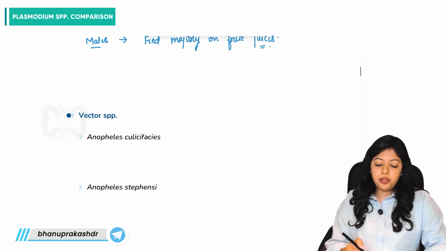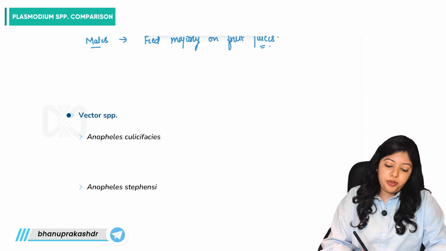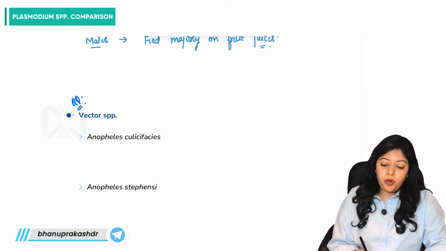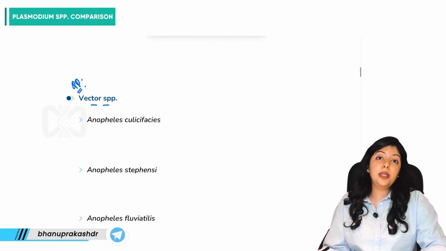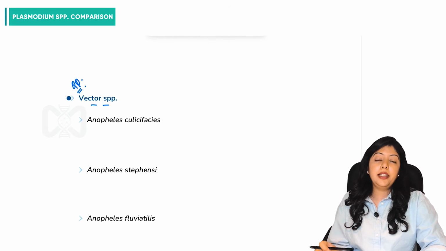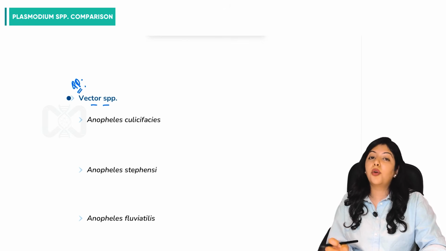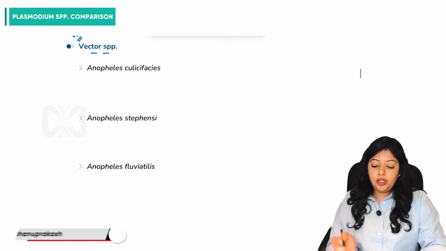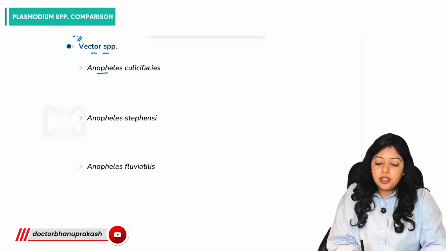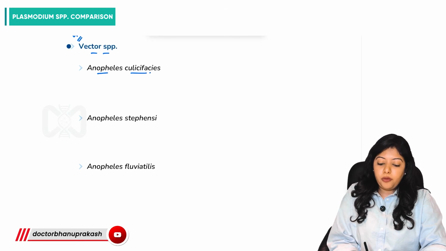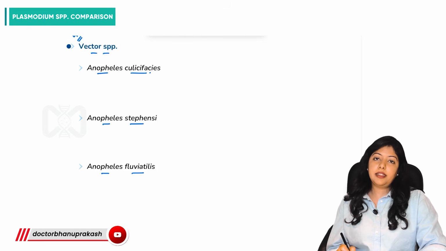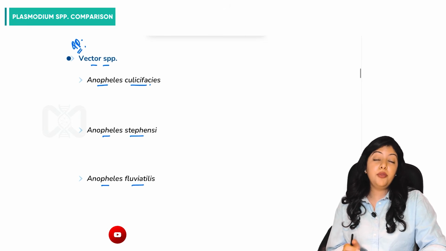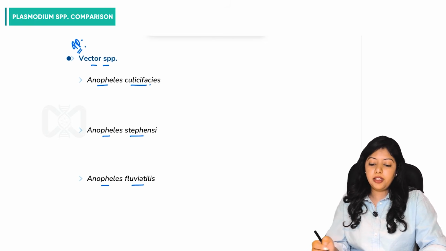Now talking about, again, very important one-liners. What are the vector species and which areas are these confined to, and in which areas are they responsible for causing infections? So now we have Anopheles culicifacies, Anopheles stephensi, and Anopheles fluviatilis, right? How do we remember which areas these species affect?